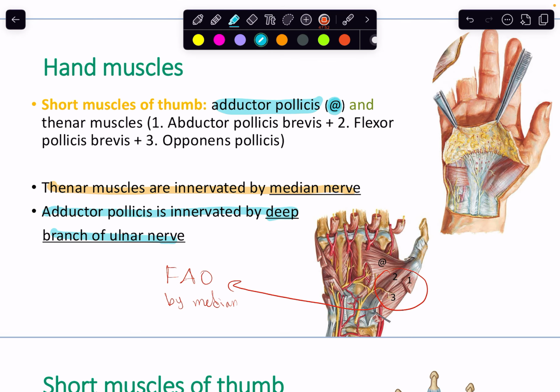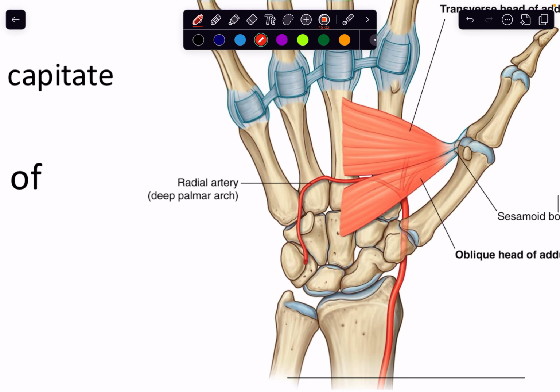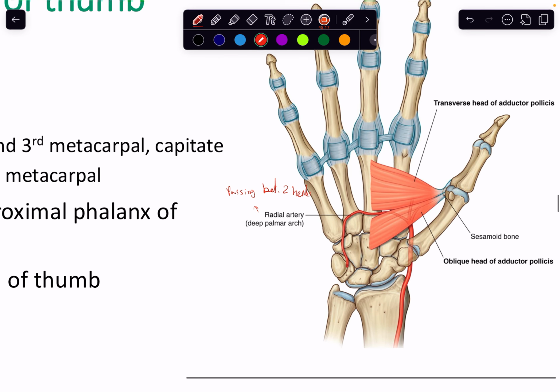But what is important from the anatomical examination point of view? Name the artery that is passing through the 2 heads of the adductor pollicis. So adductor pollicis has 2 heads, transverse head and oblique head. Between the 2 heads, this artery is a branch of the radial, right?